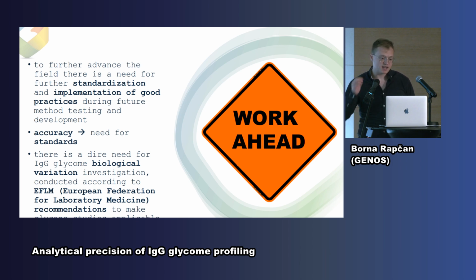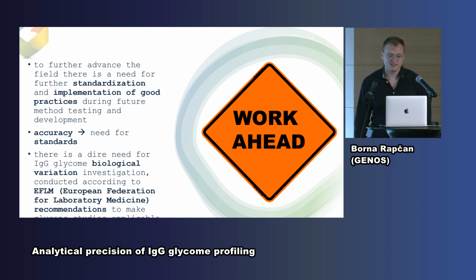We also need to tackle accuracy. We have a dire need for standards because no validation will go without validating accuracy. Because if you have a very precise method, but it's not accurate, it's not really helpful.